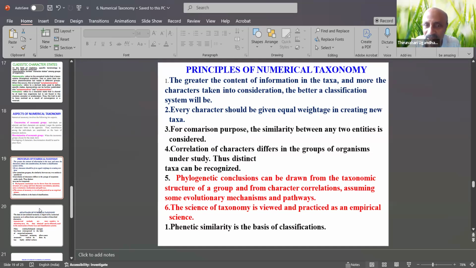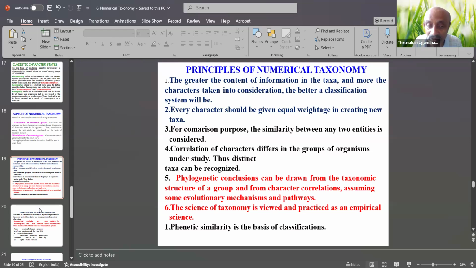Then the third principle is that for comparison, the similarity between any two entities is based on their characters. Then the fourth, the correlation of characters differs in the groups of organisms under study. Thus, distinctive taxa can be recognized. Then the fifth, phylogenetic conclusions can be drawn from the taxonomic structure of the group from the character correlation.